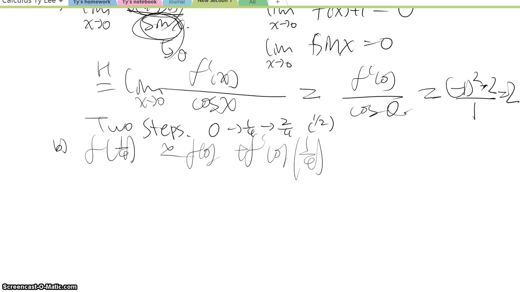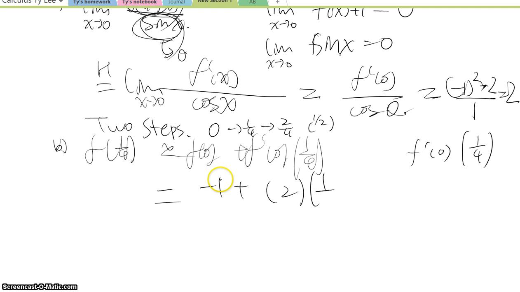So applying the first step, I have the slope at x equals 0, which is f prime of 0 times the displacement of x, which is 1/4, and plugging in, this gets me negative 1/2.